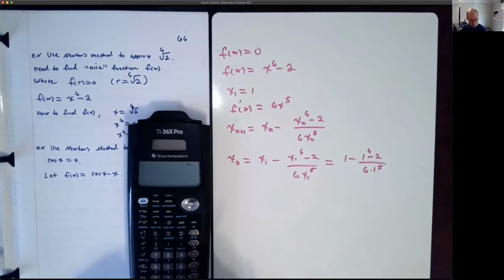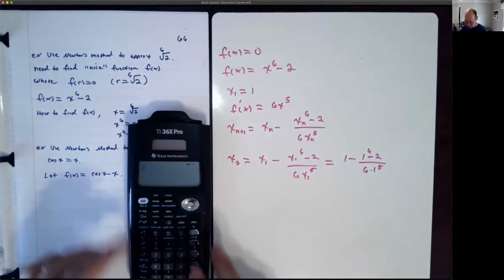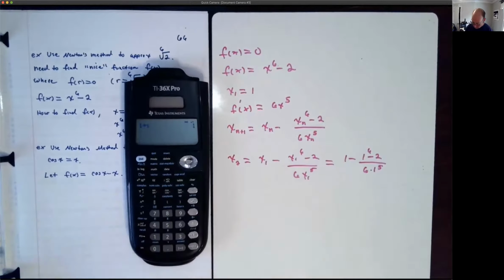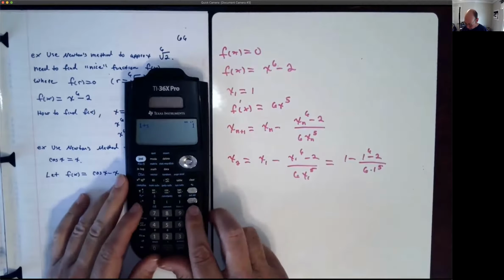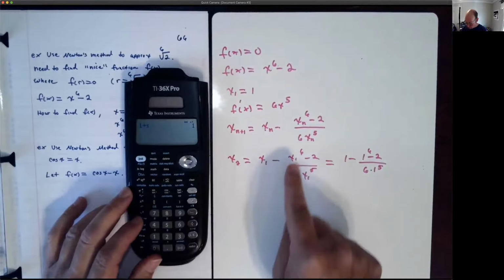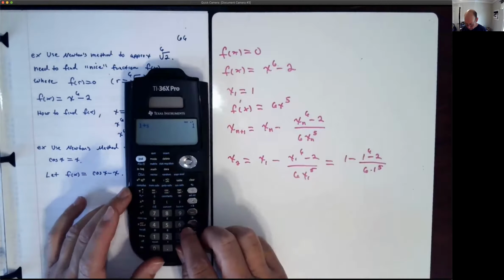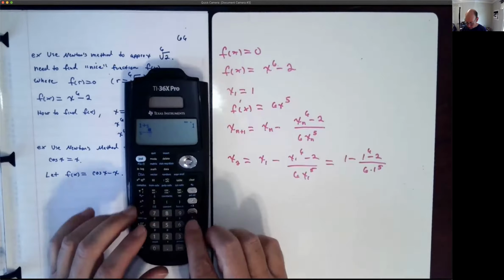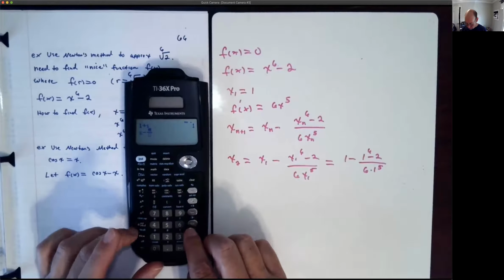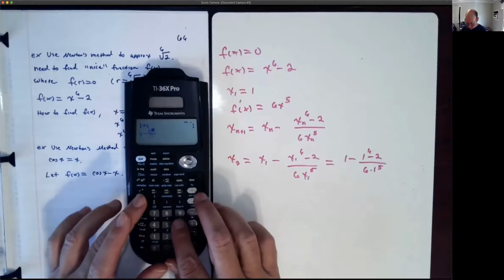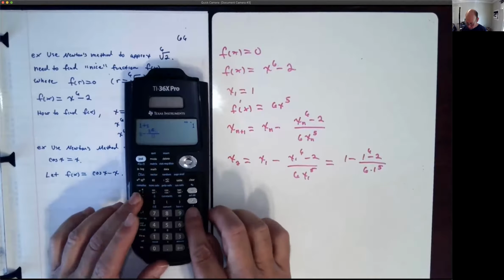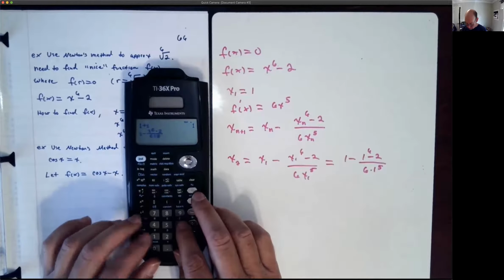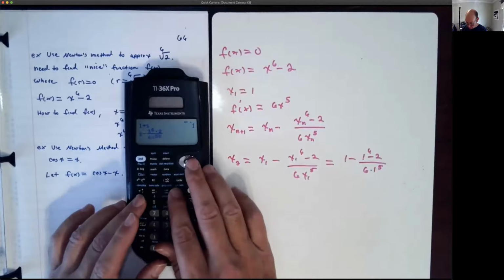Okay, so we're going to store 1 as x, and let's plug in the Newton's formula. So it'll be x minus the fraction x raised to the 6 minus 2 over 6x raised to the fifth power.